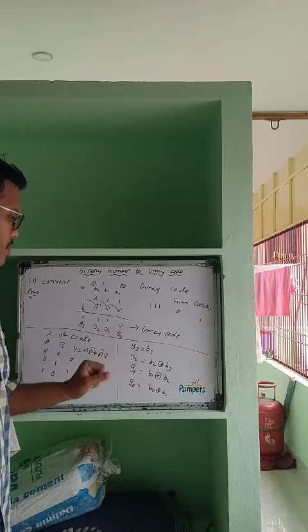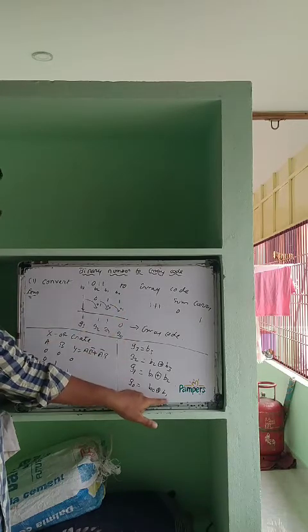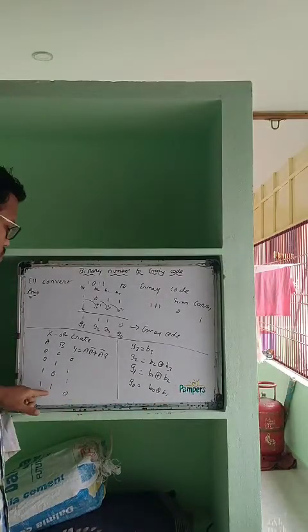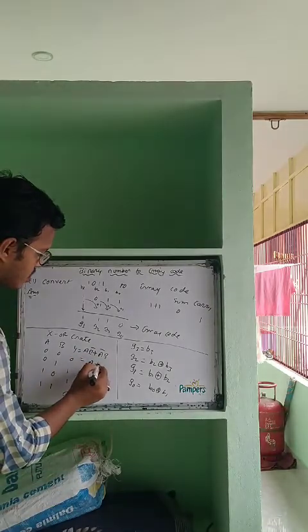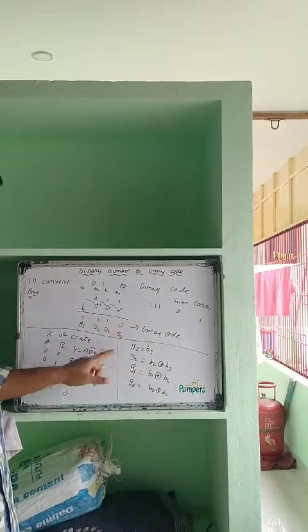If you want the value of G0, 1 XOR 1, which can be written as A XOR B, gives 0.